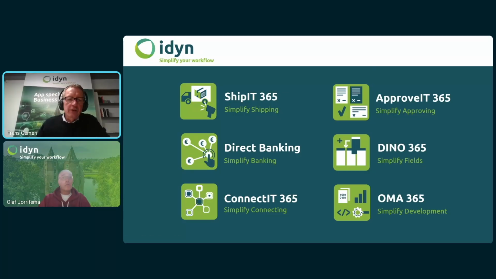Today we talk about ShipIT. That's our integration with carriers. The other apps are also related to integration. We have our Direct Banking app that integrates with banks. Mainly all banks in the world can be synchronized directly with Business Central through Direct Banking. The statement lines come directly into the journal in BC.